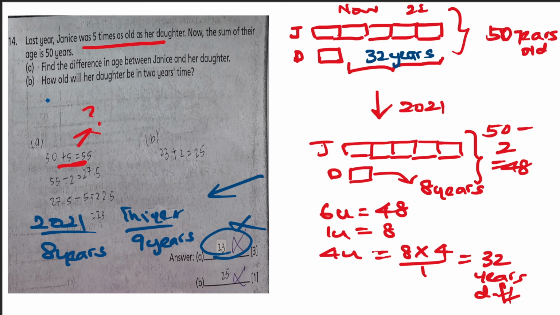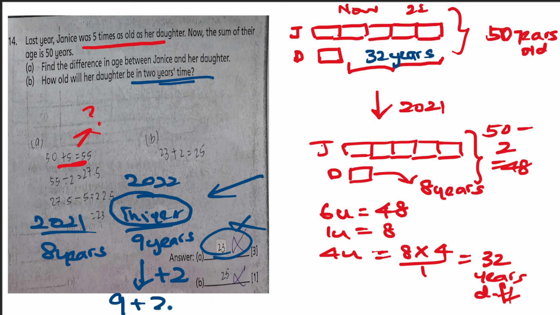Now, this year, 2022, she will be 9 years old. So 2 years later, you add another 2. 9 plus 2 will be 11 years old. Okay? Then can we actually go to question 15?